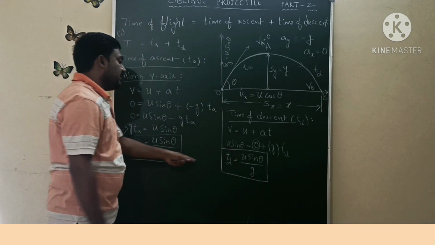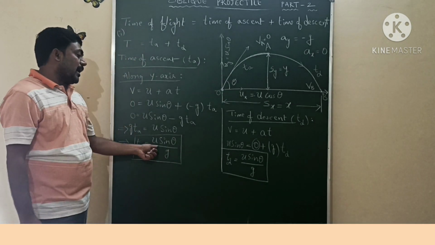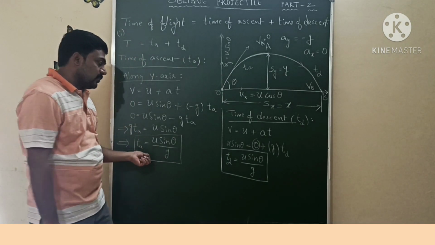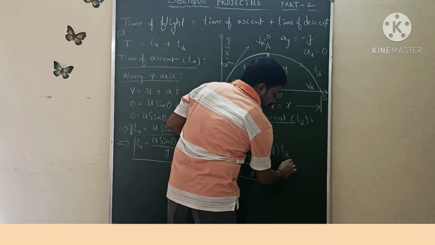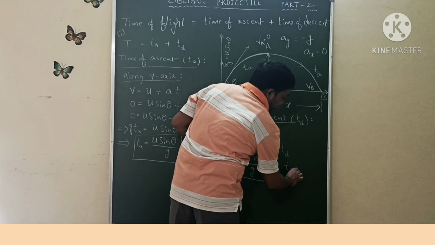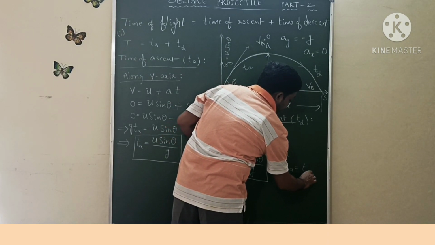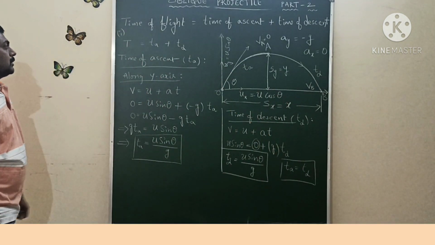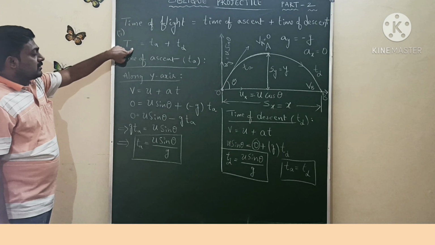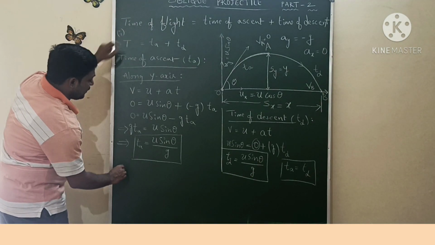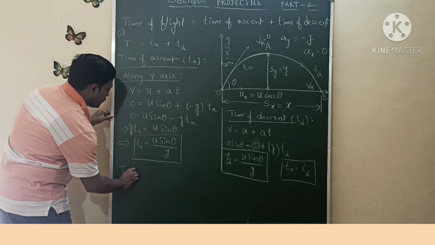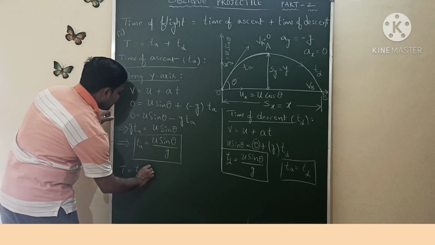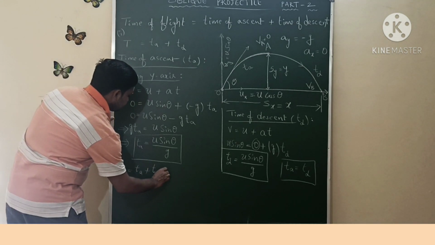When we verify TA and TD, both have the same equations. Here one more point is proved: time of ascent is equal to time of descent. But our requirement is time of flight. Time of flight, capital T, is equal to time of ascent plus time of descent.